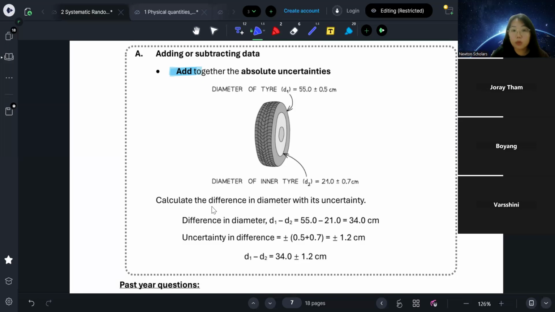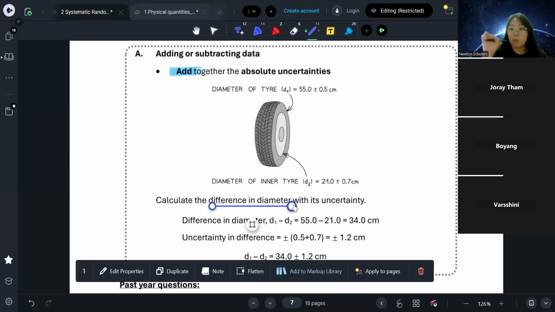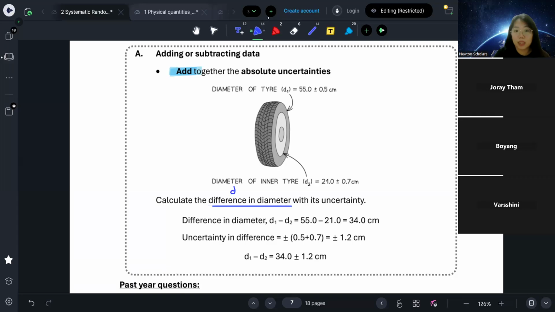They want you to find the difference in diameter. That means you have to minus the data, right? So here, D1 minus D2.